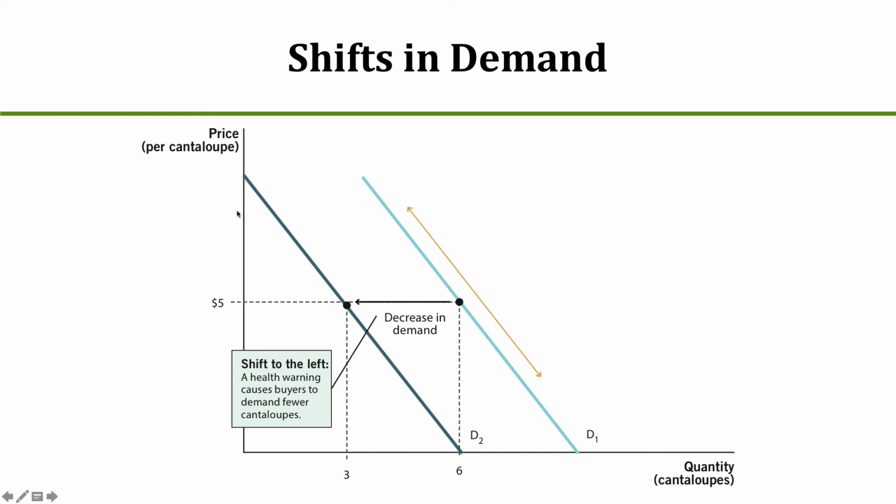If we imagine that we have a price line here, which is, let's say, 7, initially the quantity demanded is 5 units, but after the shift in the demand, the quantity demanded is just 1 here. So for each price level, the demanders are demanding less after the shift.